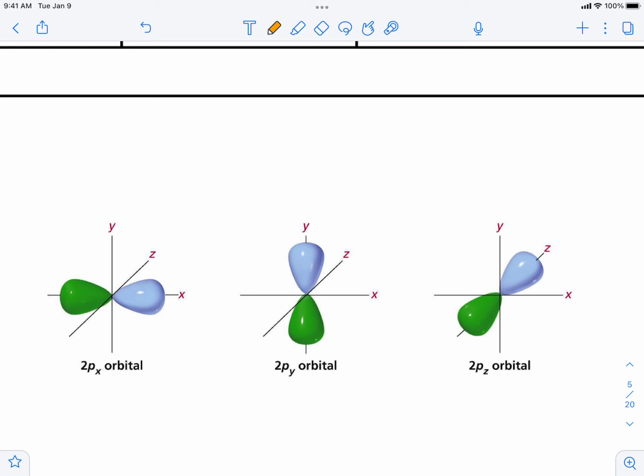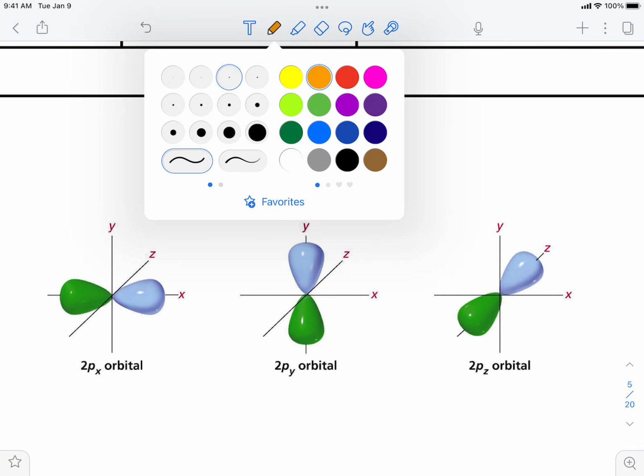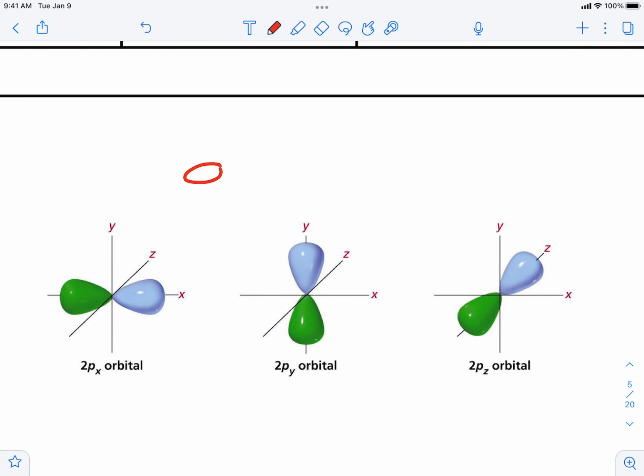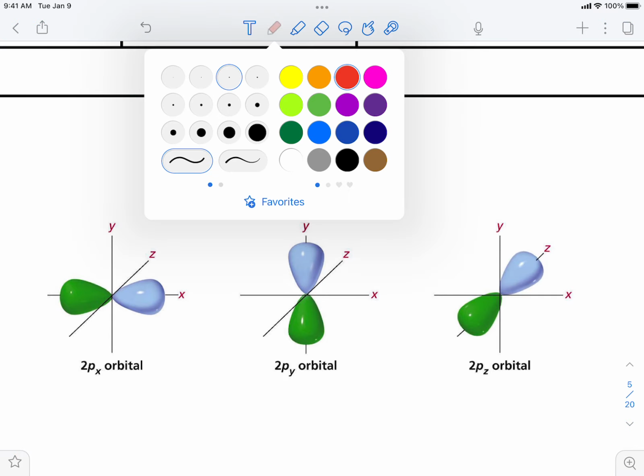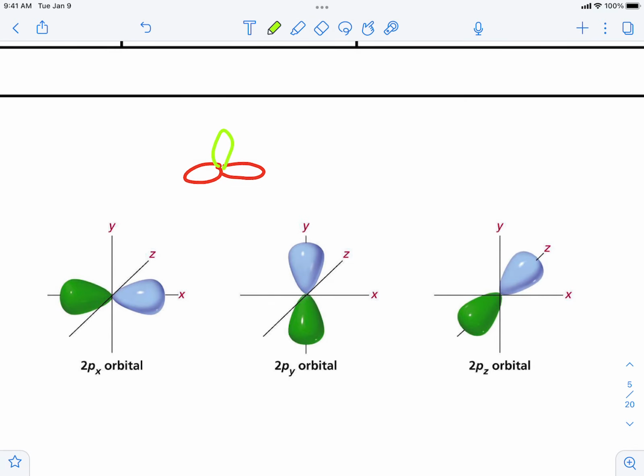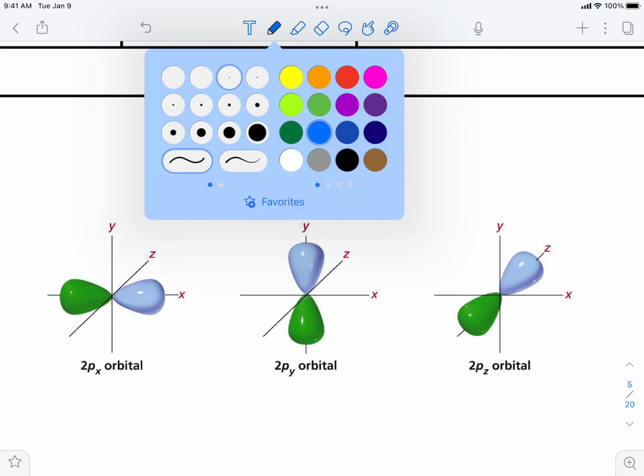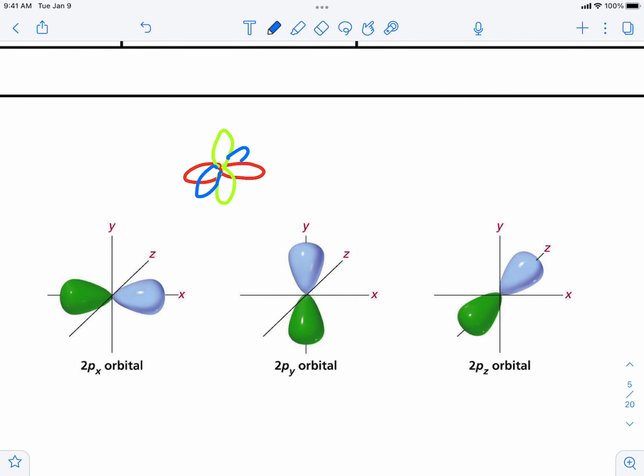Even though we're showing you these broken up individually, understand that they all lie over a common origin. So collectively, putting them all together, they're all still over one common center point, one common origin.